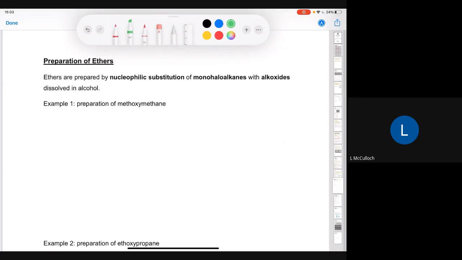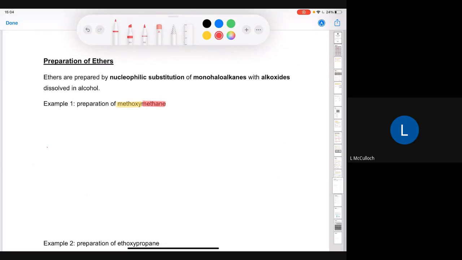Now we do need to be able to choose appropriate chemicals. If it is methoxy, that means the alkoxide is going to be methoxide. And if it is methane, then we want to make sure that the haloalkane we use is a methane, like fluoromethane or chloromethane, and so on.